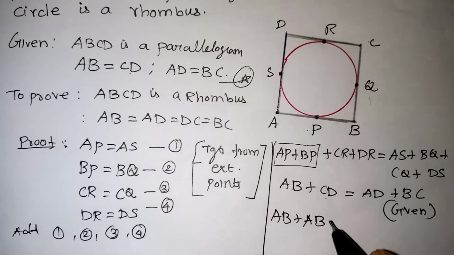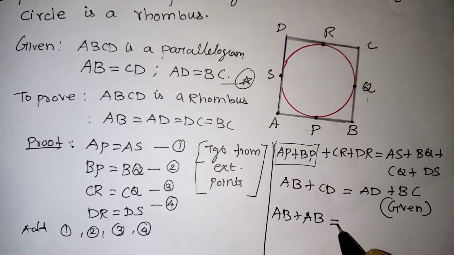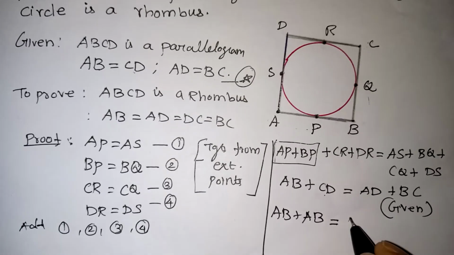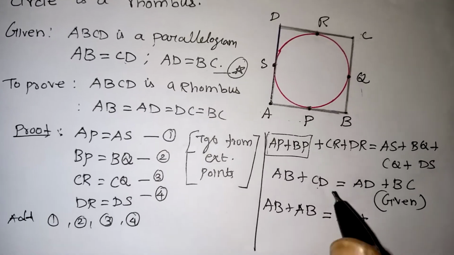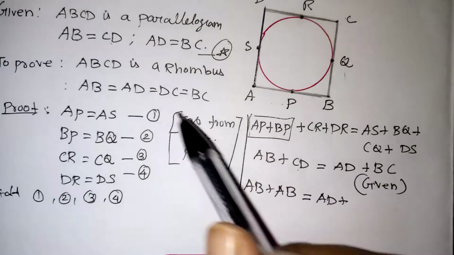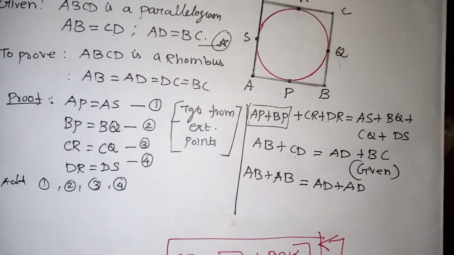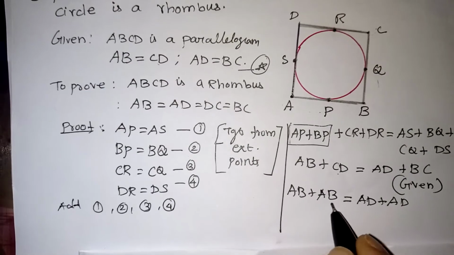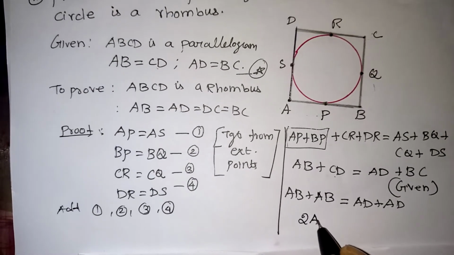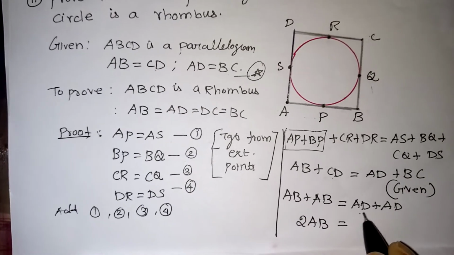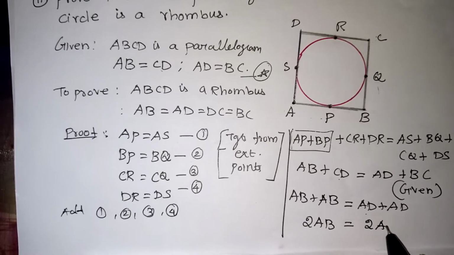On the right side keep AD as it is, and in the place of BC substitute AD. So AB plus AB gives 2 times AB, which is equal to AD plus AD, which gives 2 times AD.